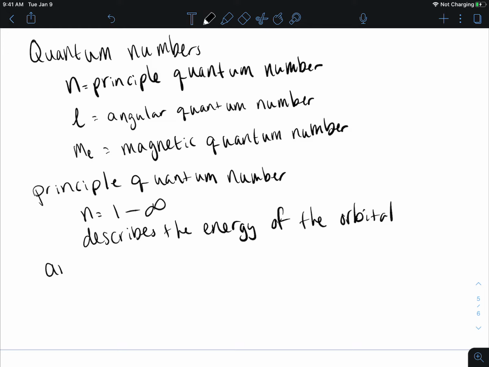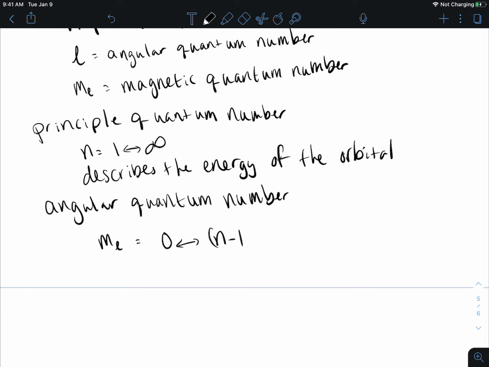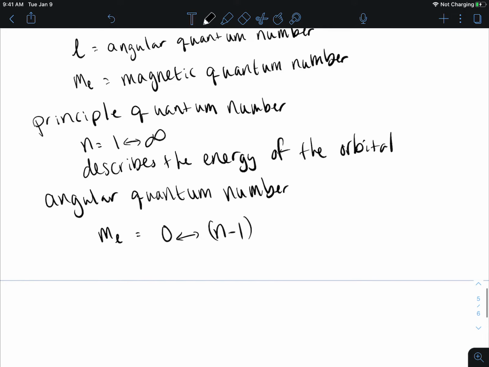The angular quantum number can have values anywhere between 0 and n minus 1. And this is going to describe the shape of the orbital.